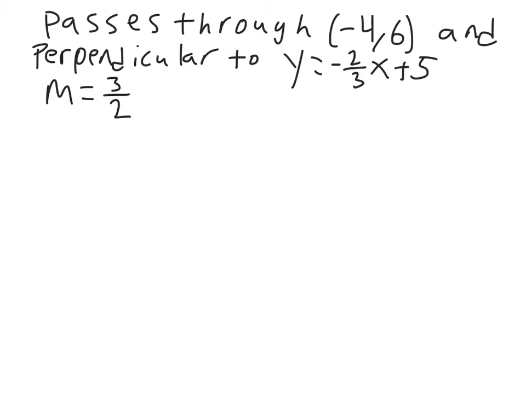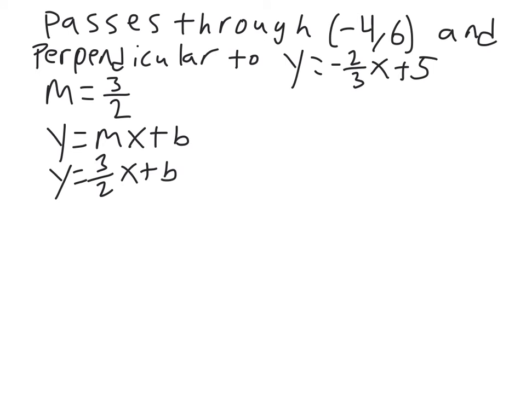Now we want to write it in slope-intercept form, y = mx + b. Our slope is 3 over 2. So y = 3/2 x + b. Now we plug in (-4, 6). So that'll give us 6 = 3/2 times -4 plus b.